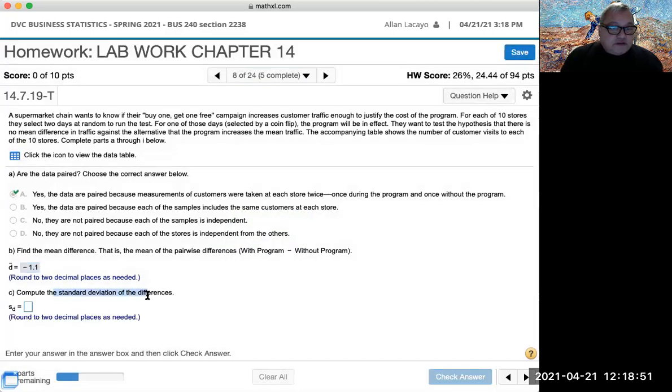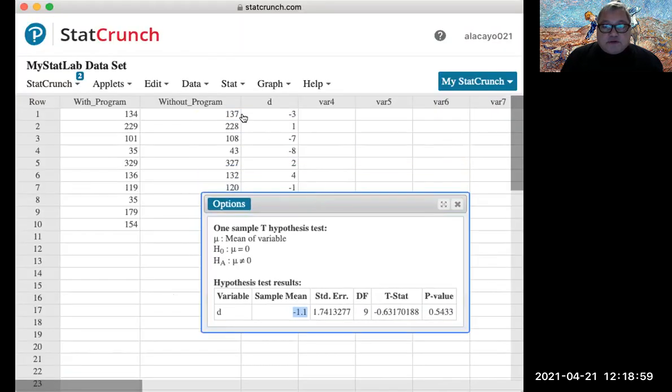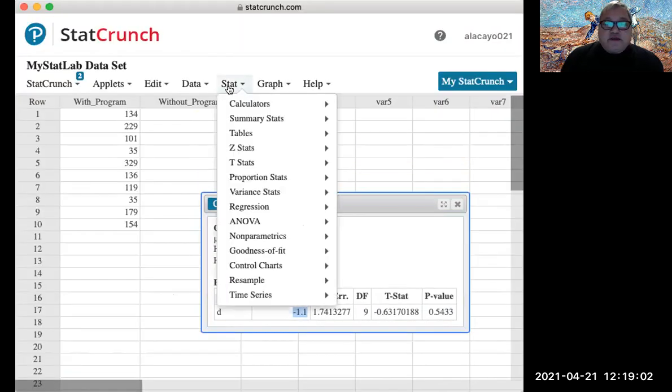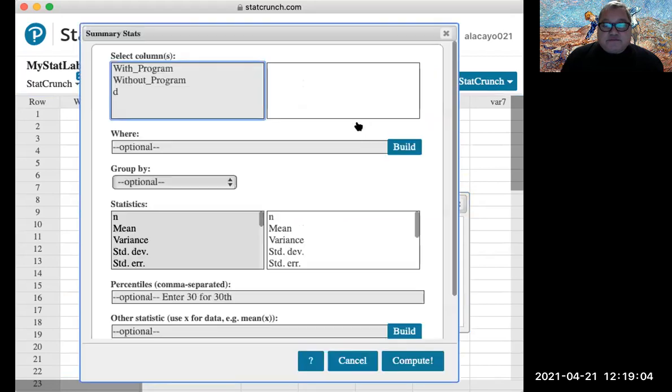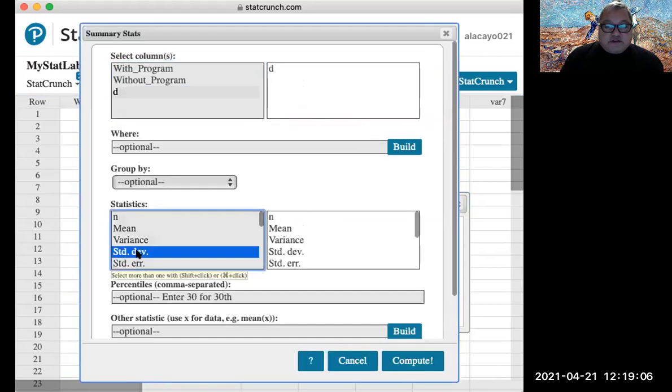Then the standard deviation of the differences, which is not listed in the hypothesis test but can be computed as you did in Chapter 3, with Summary Stats, Columns, and the standard deviation of the D column.